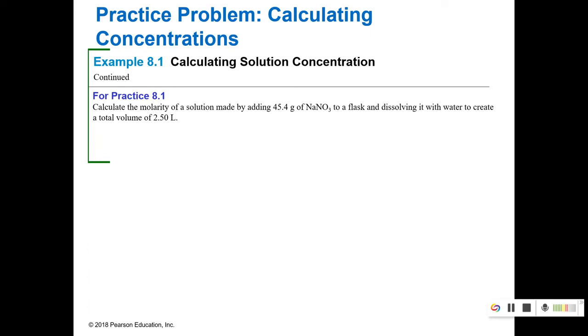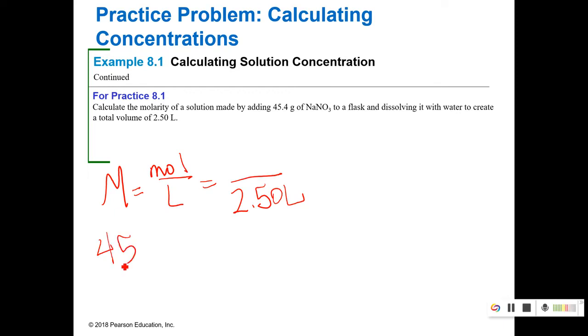Okay, let's do another one. This one's a little bit bigger. We've got 45.4 grams of sodium nitrate, and we've got 2.5 liters. So 2.5 liters. I do not have moles, so we have to solve that again. So 45.4 grams.